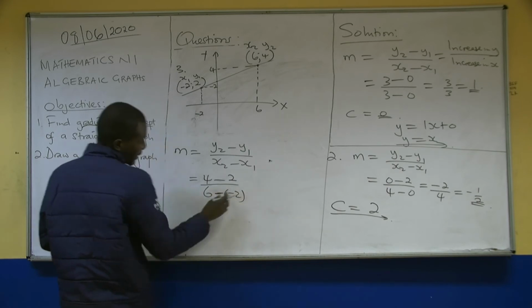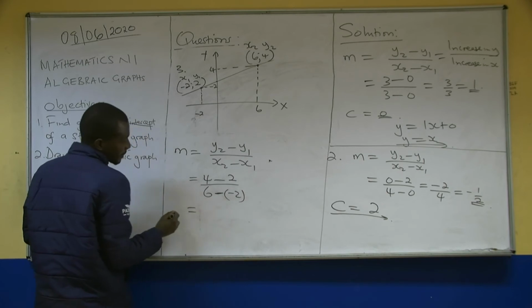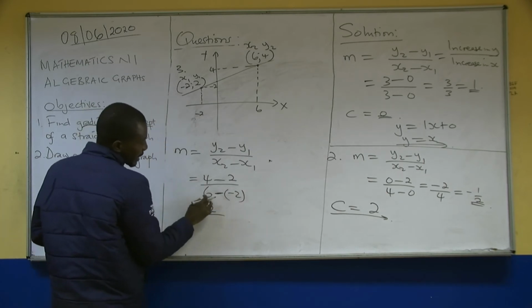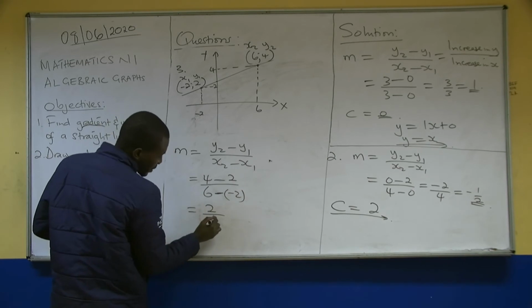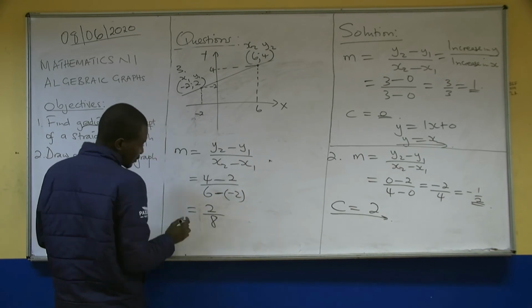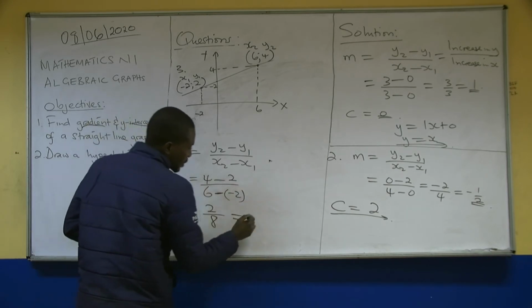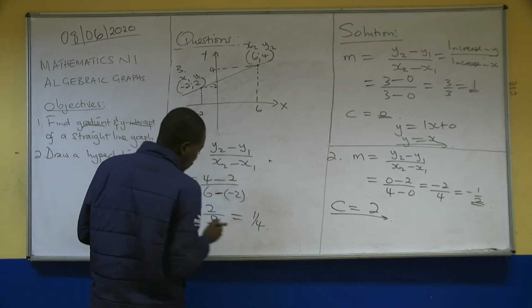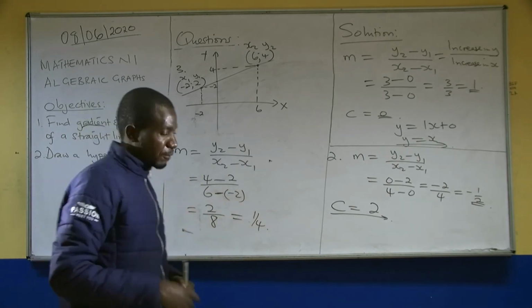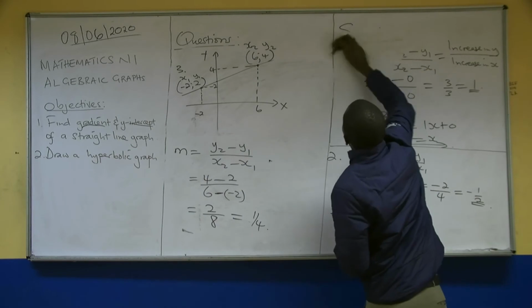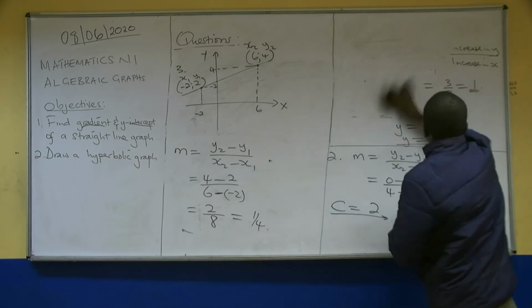The minus that we have here is for the formula, then the minus 2 is a coordinate. This becomes 4 minus 2, we get 2 over 6 minus minus 2, it becomes 8 because a negative followed by a negative, we get a positive. So this becomes 1 over 4. That is the gradient of that line.